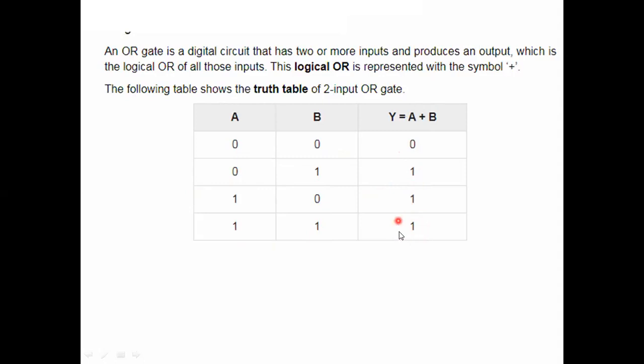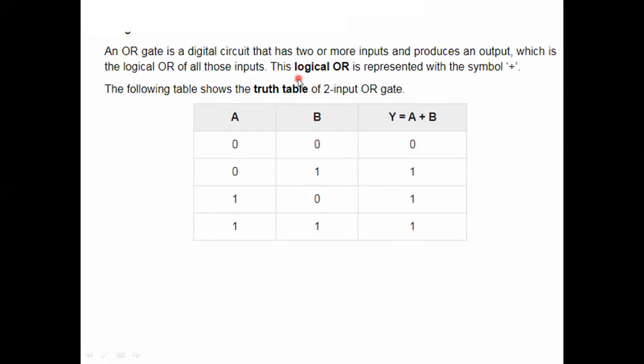is 1. Here you may get some doubt. Logical OR means addition, plus. If we add 1 plus 1, what sum do we get? Generally 0 in binary with a carry.